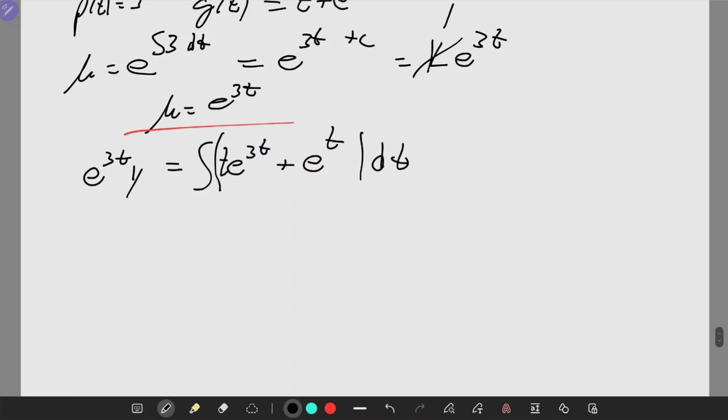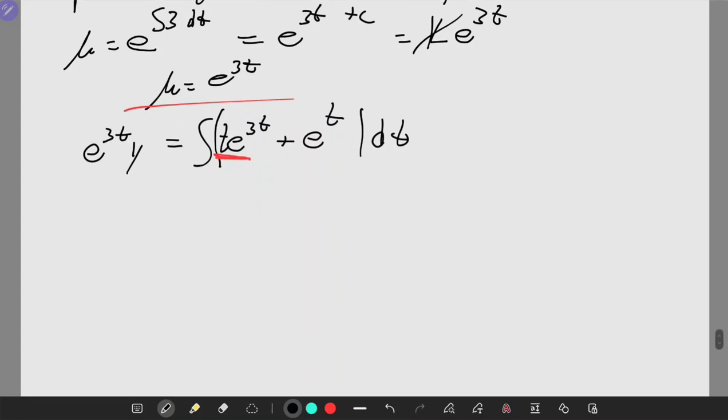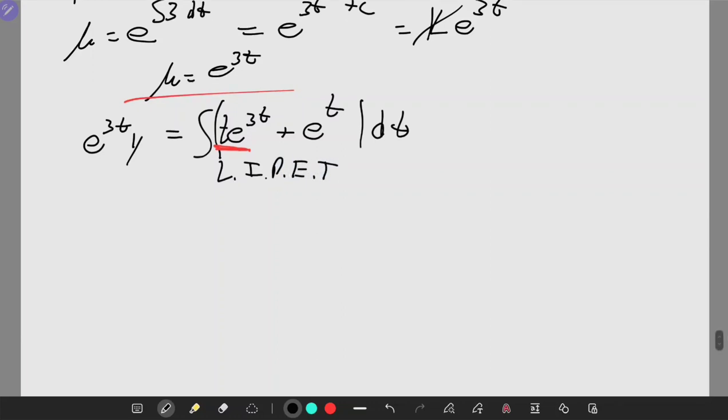So, unfortunately, if you notice, we have a product here. We have to do integration by parts. So, I'll pick my u to be t, because I'm going by LIPET. Oops, I forgot the I. LIPET. I'm getting ahead of myself.